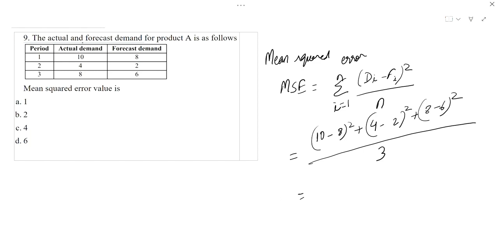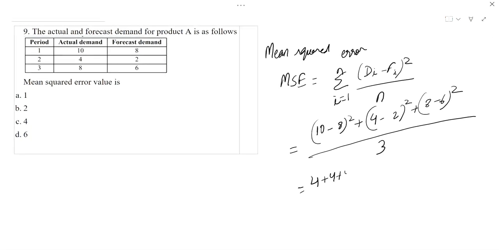This will be 4 plus 4 plus 4 by 3, 12 by 3 is equal to 4. The correct answer is 4.